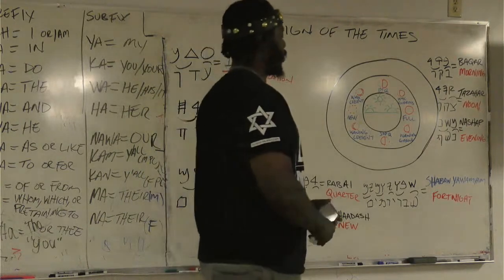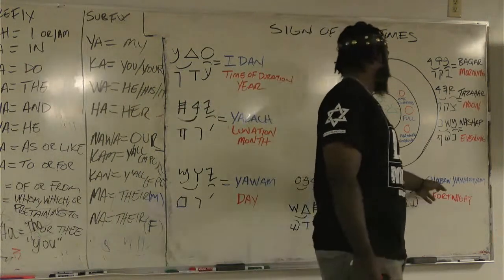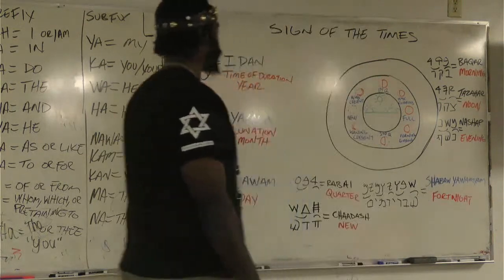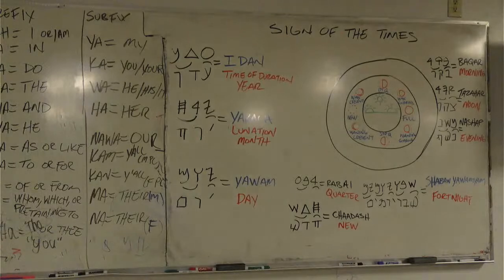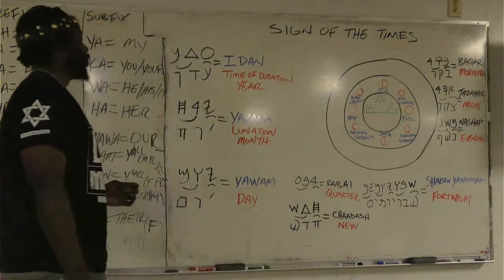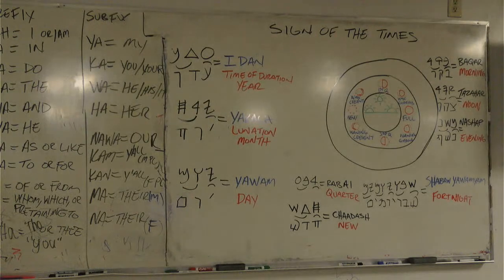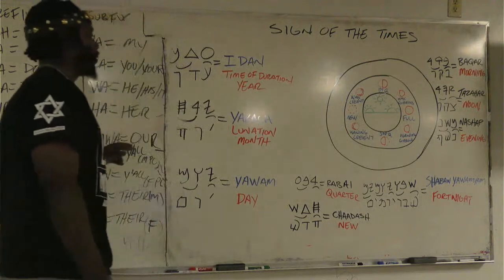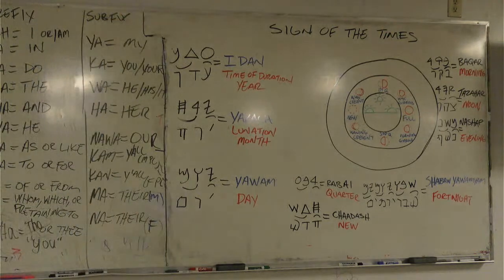So Shabbat Yawamyam is a week of multiple days, or 2 weeks of days. Another way that you can write it is Shanya Shabawai, which is also another way to write fortnight.